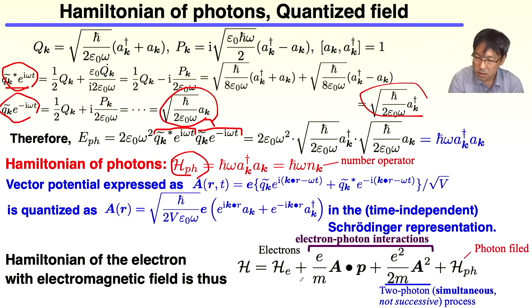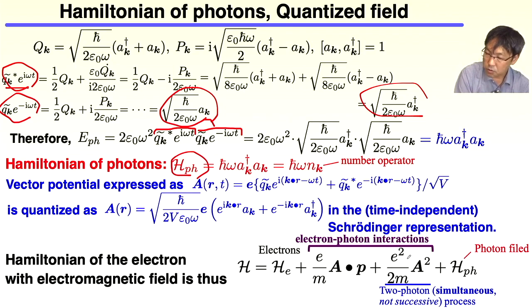And this one stands for the electron Hamiltonian, and this one is the photon field. These Hamiltonians do not mutually interact. So the interaction part is given by the second and third terms. So this is the electron-photon interaction term.